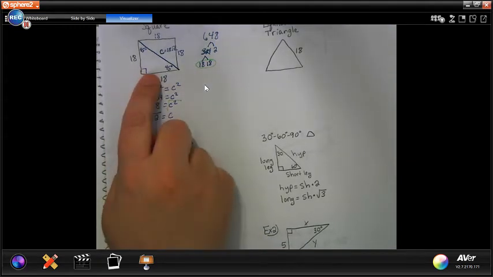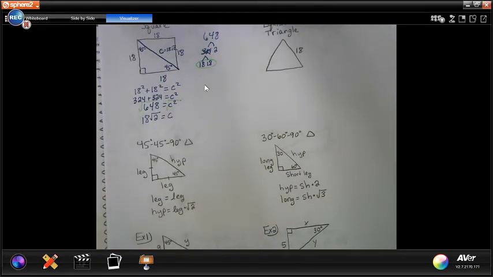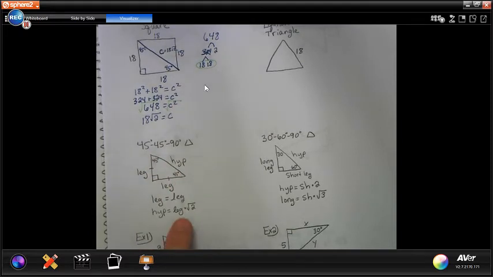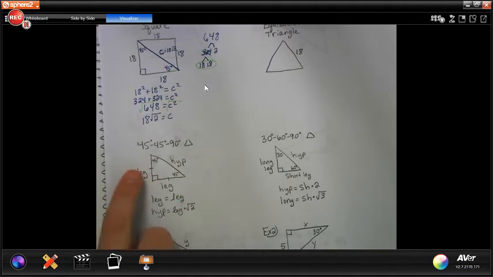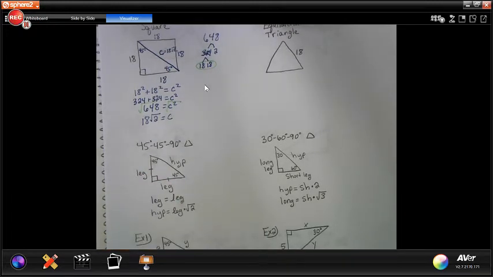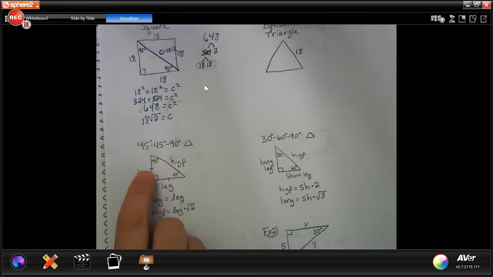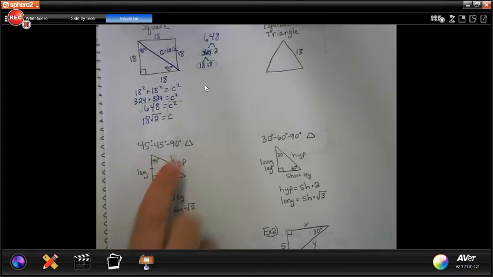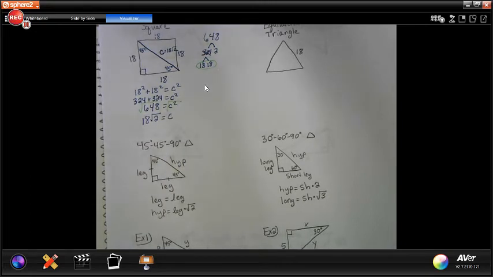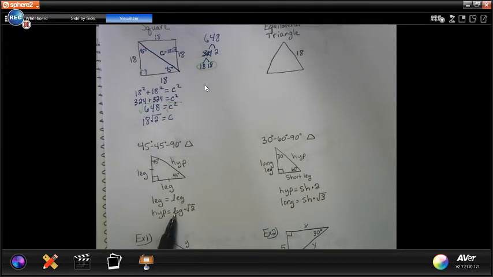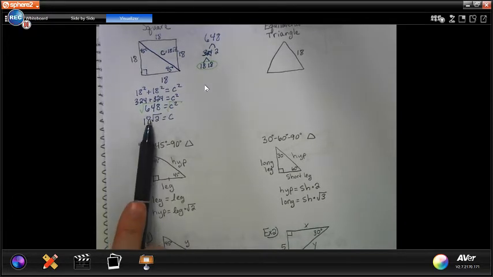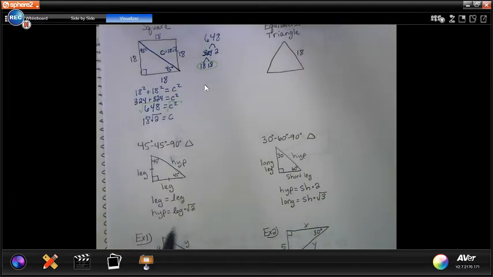Because for every 45, 45, 90 triangle, the hypotenuse is always whatever the leg is times square root of 2. And the two legs are always equal because remember this is half of a square. So those two sides are equal and we have the 90-degree angle. The hypotenuse is the leg times radical 2. And that's how we discovered the formula for this. Like, this happens enough, you can make a formula for it. So we made a formula for it. Okay.